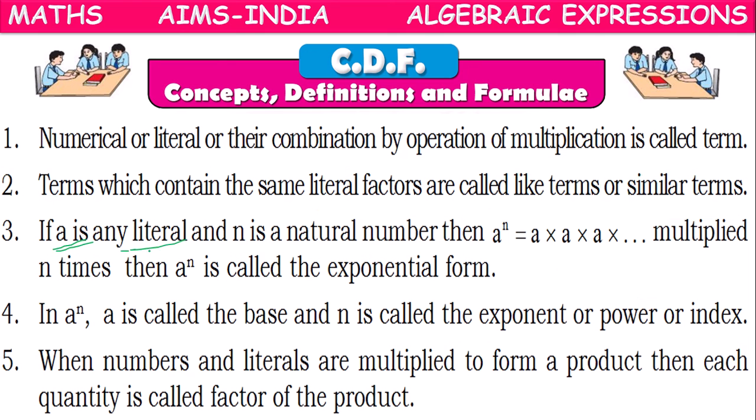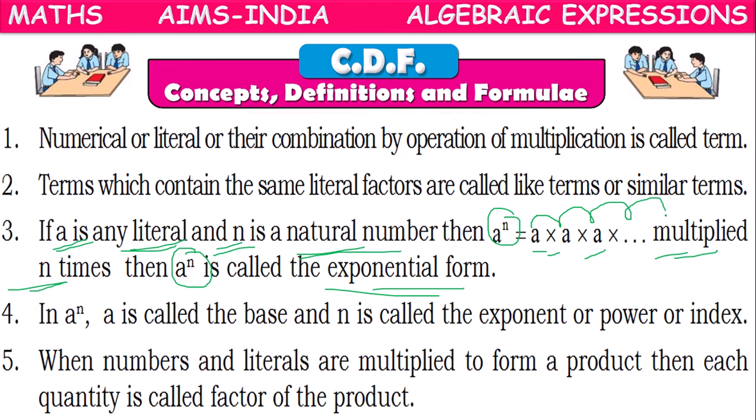So if a is any literal and n is any natural number, then a power n equals a multiplied n times, and a power n is called exponential form. Instead of repeating the same number, multiplying the same number repeatedly n times, we can write it as a power n, which is called exponential form.